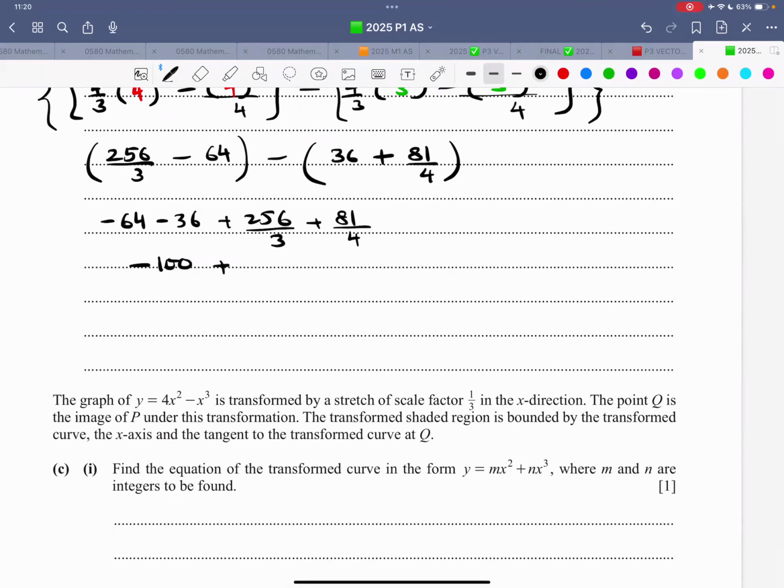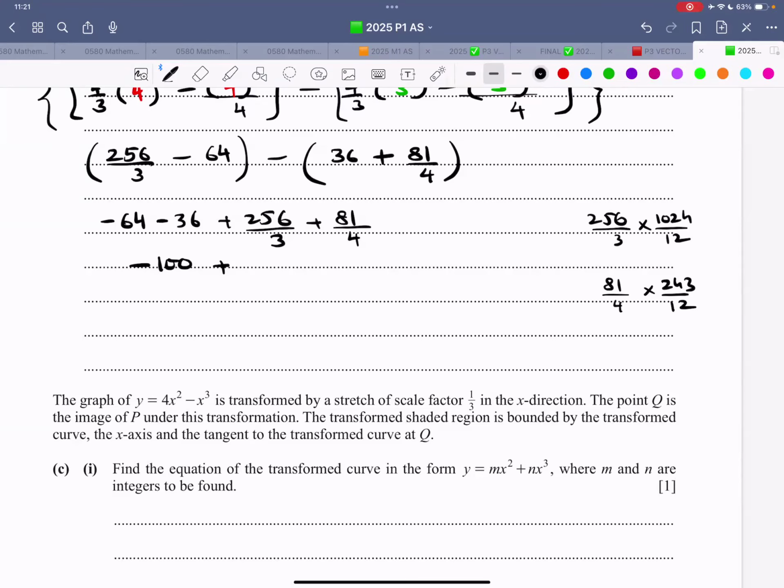So I have to work with this thing. So 256 over 3, 81 over 4, multiply by 3, make it 12. So this is 243. Multiply by 4, make it 12. So that's 1024. And 1024 plus 243.